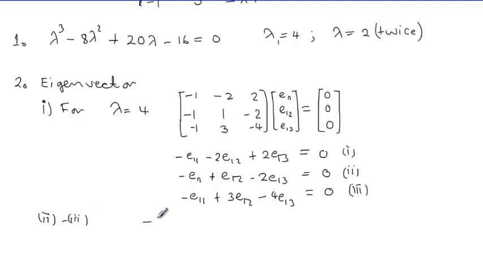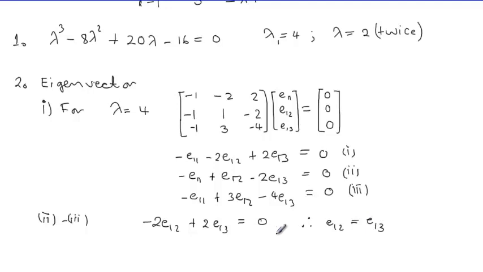We're getting minus 2E12 plus 2E13 equals to 0, which will take us to the conclusion that E12 is equal to E13.